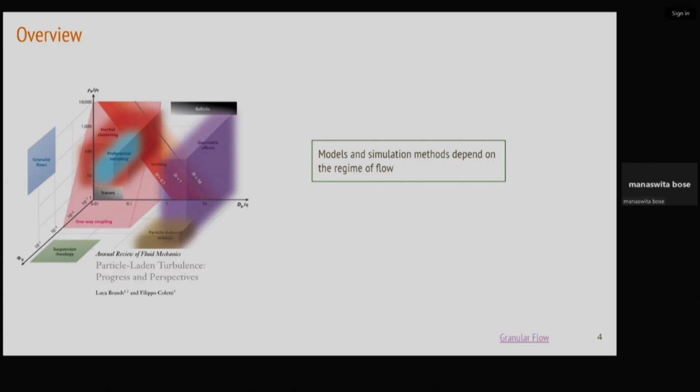What are the 3 axes we see on this figure? On one axis we see some Greek letter phi with a subscript v. On the other axis we see one ratio, dp by eta, and on the third axis we see another ratio, rho p by rho f. So what do they mean?